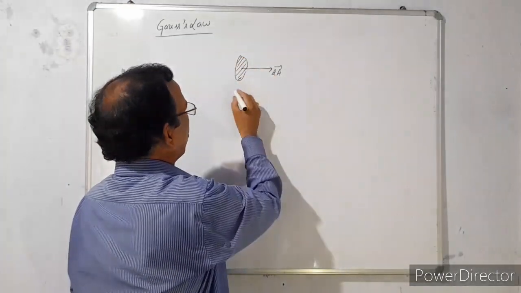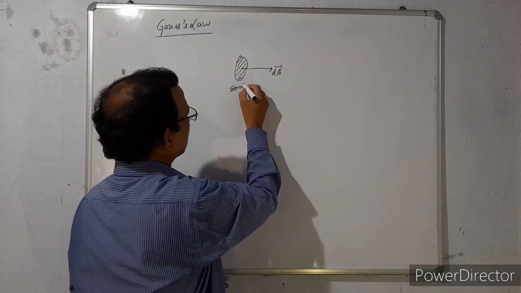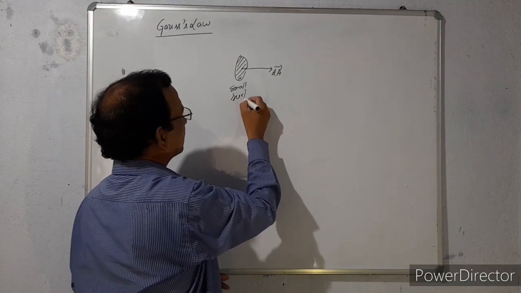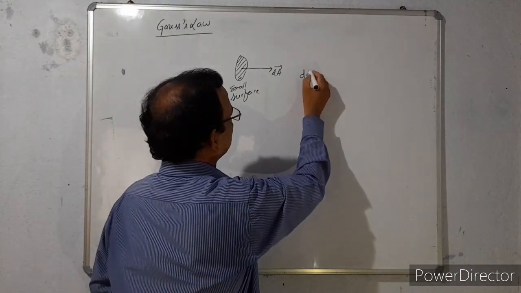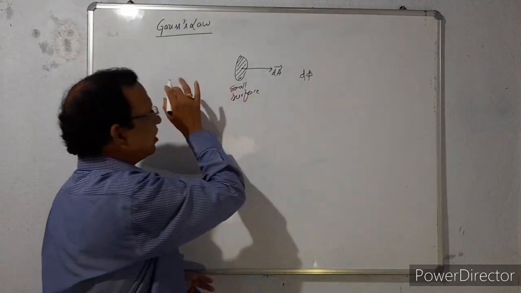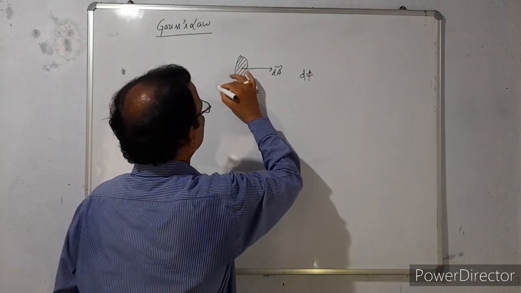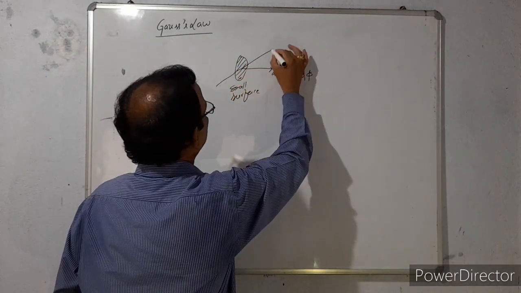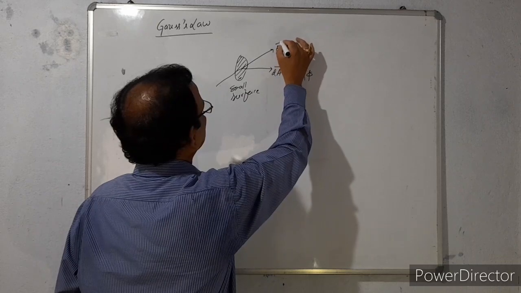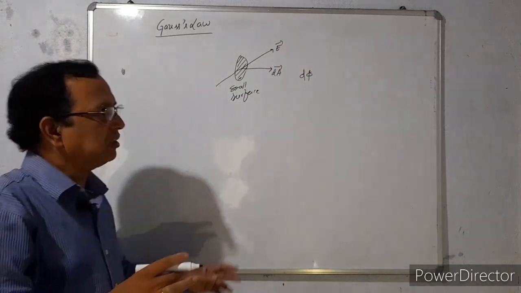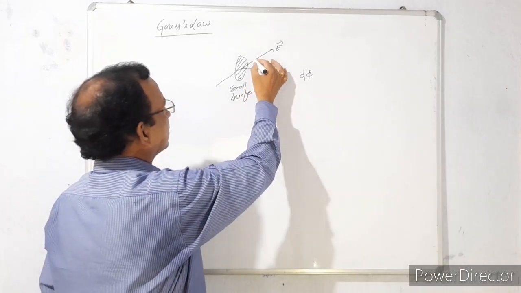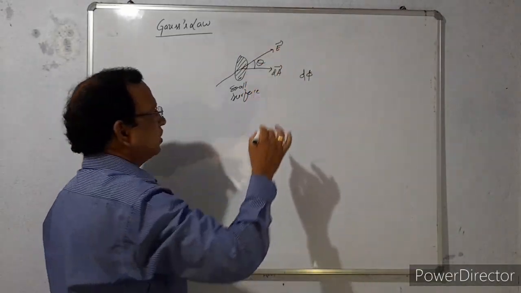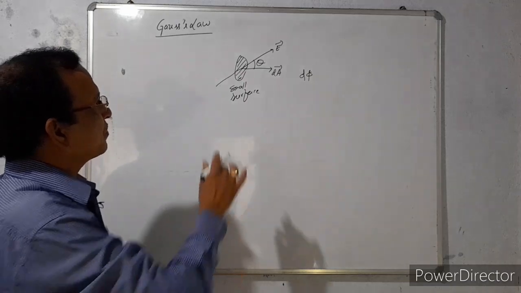So if this is a very small surface, the flux is also very small, d phi. Suppose this is the direction of the electric field. The angle between the area vector and the electric field is theta.